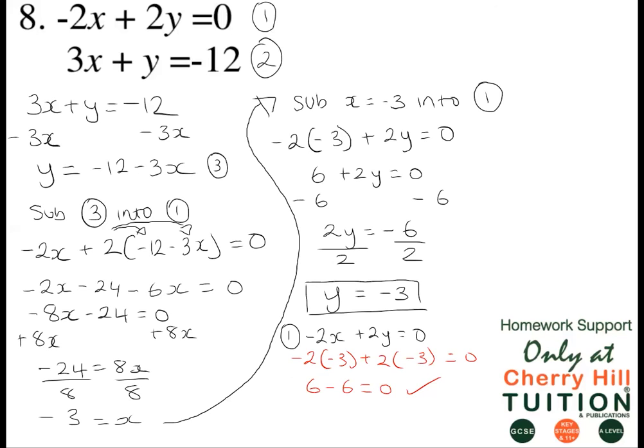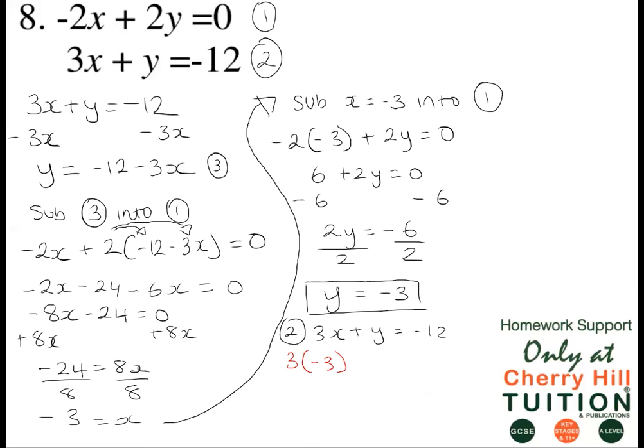Now let's rub this out so we can check the second equation. Equation 2 is 3x plus y is equal to minus 12. 3 multiplied by x, which is minus 3, plus minus 3 should be equal to minus 12. 3 multiplied by minus 3 is minus 9.